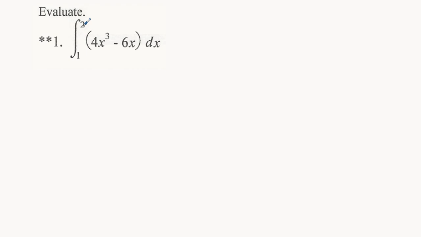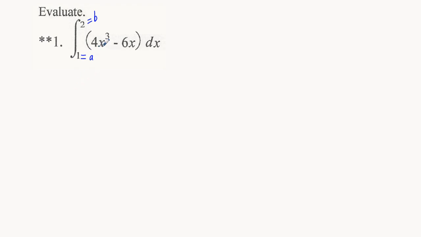Evaluate the integral from 1 to 2 of quantity 4x cubed minus 6x dx. So we're just going to go ahead and do that. And again, according to the Fundamental Theorem of Calculus, we'll call this 1 limit below a, and this 2 above we'll be calling b.